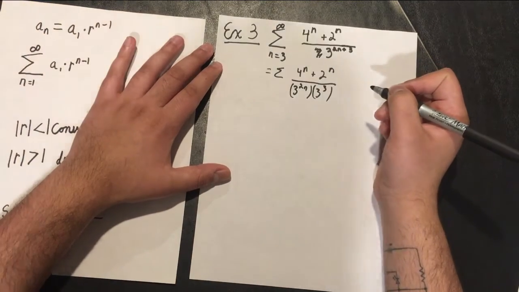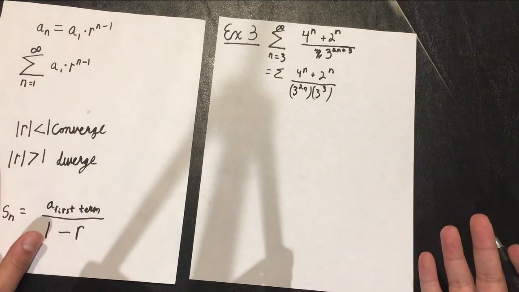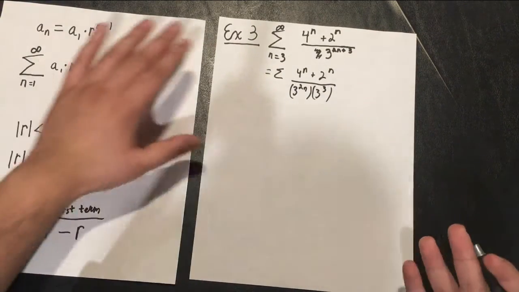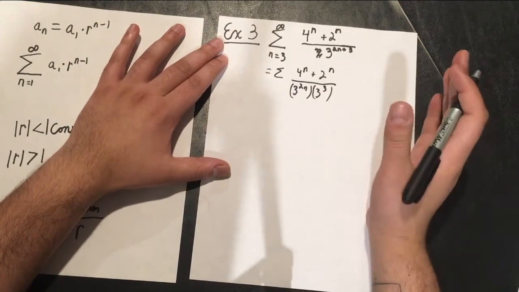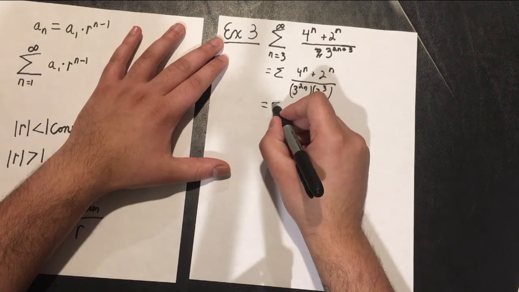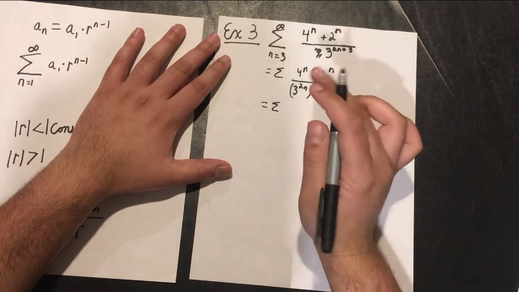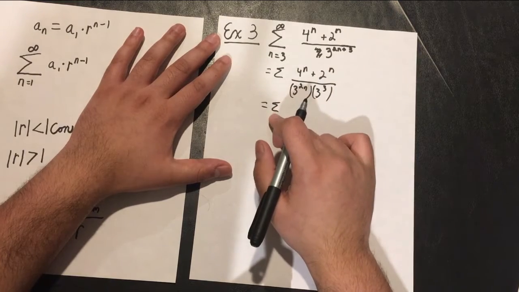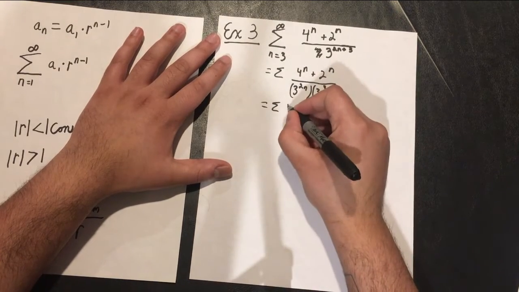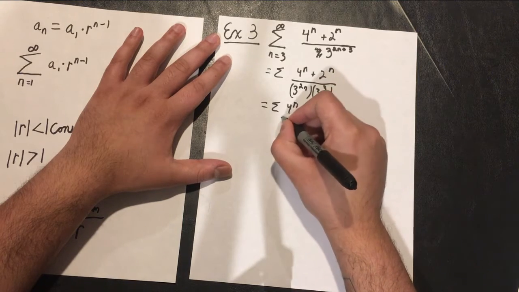Okay? Now from here, this is a common rule with fractions. I'm able to split this up into 2 separate fractions. Now, if you're not already familiar with this rule, with the sigma notation, it should be familiar from when you should have already done integration, right?